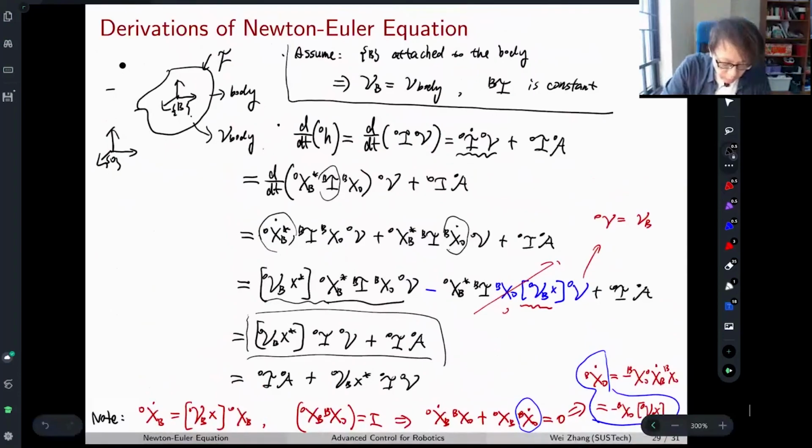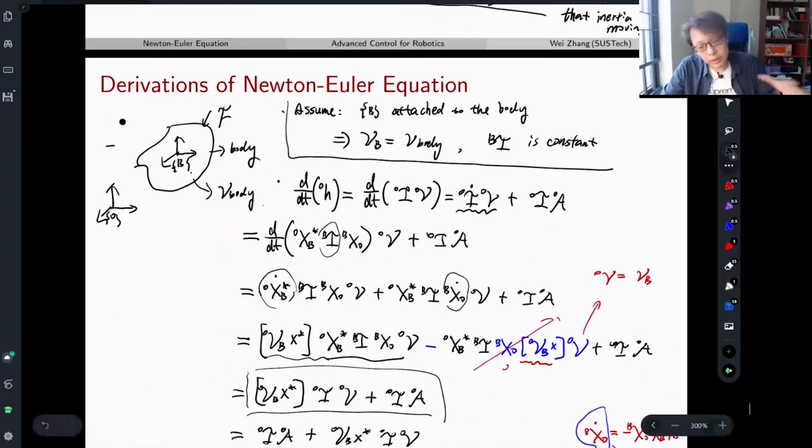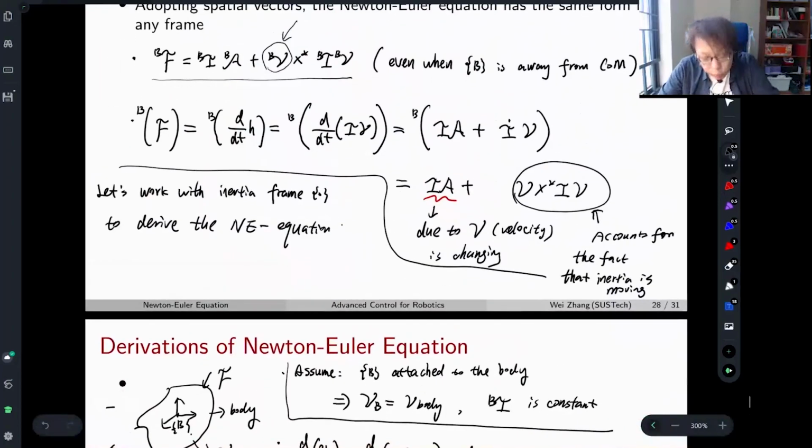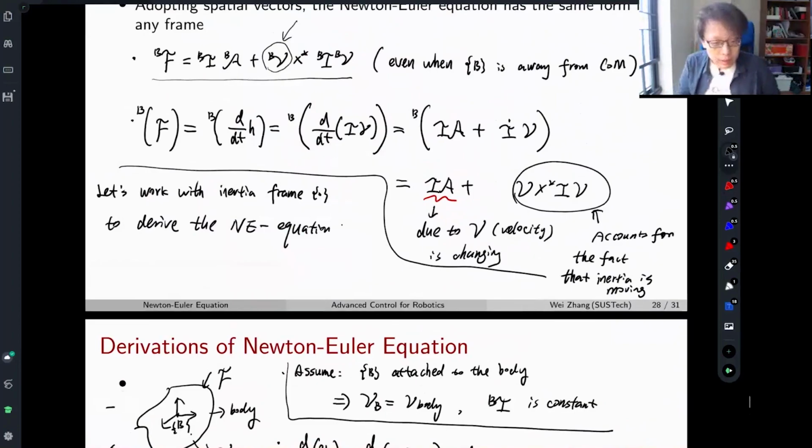If you change this O to any other frame, you can derive it again and find it's exactly the same. No matter what frame you choose, you always have this form, so it is coordinate free. This really tells you the underlying nature of the problem: a spatial acceleration part, and another cross part due to the changing inertia, which also causes forces.